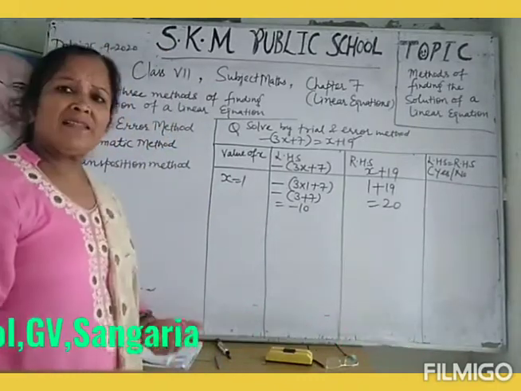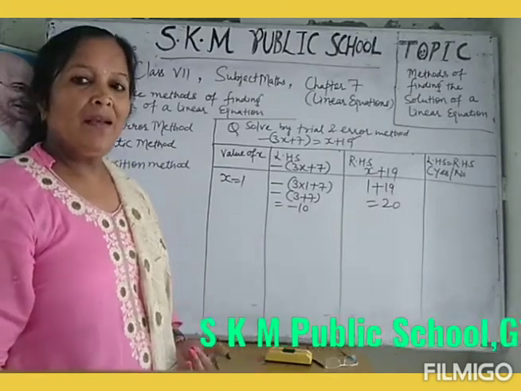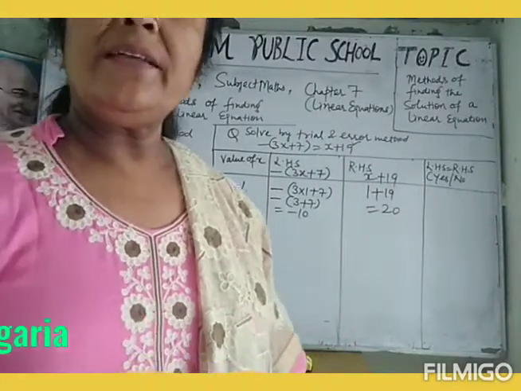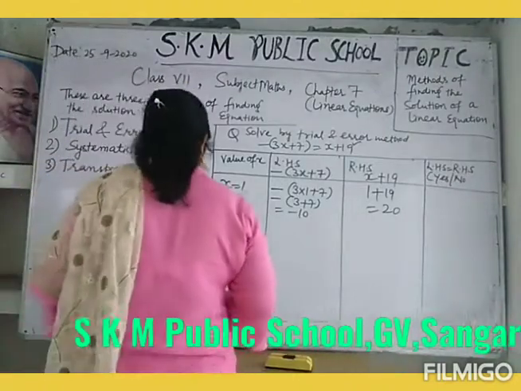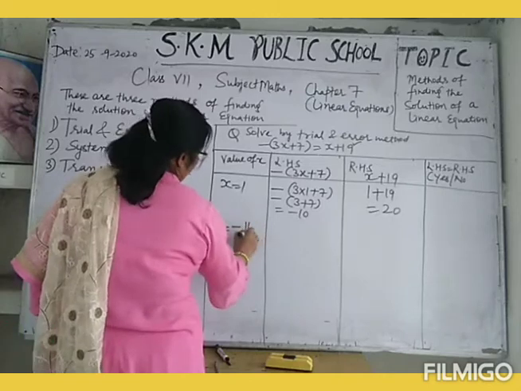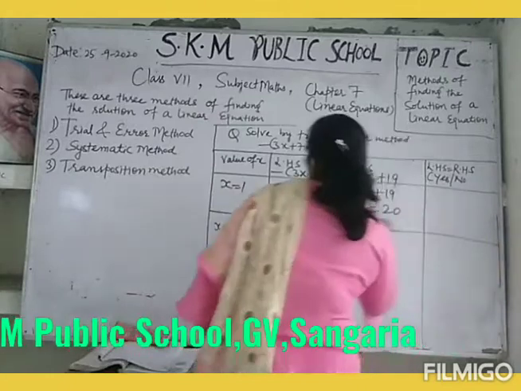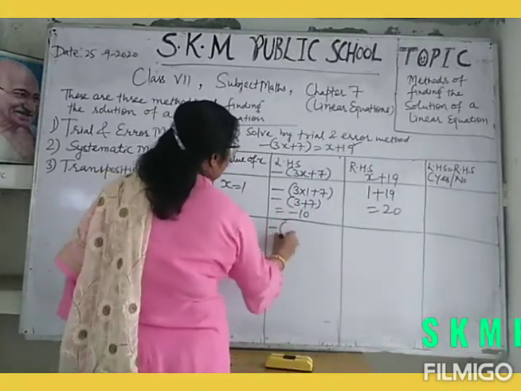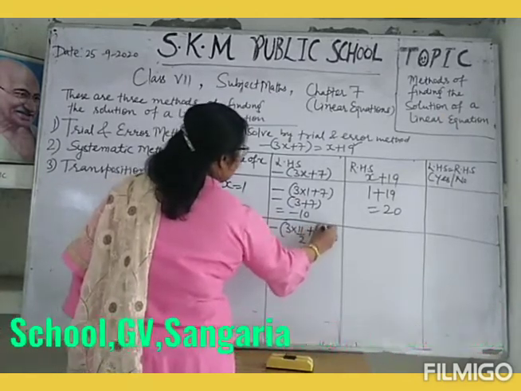So let's think of a negative value. Let's take the value of x equal to minus 11/2. Put this value, minus 11/2, in the left hand side: minus 3 into minus 11/2 plus 7.